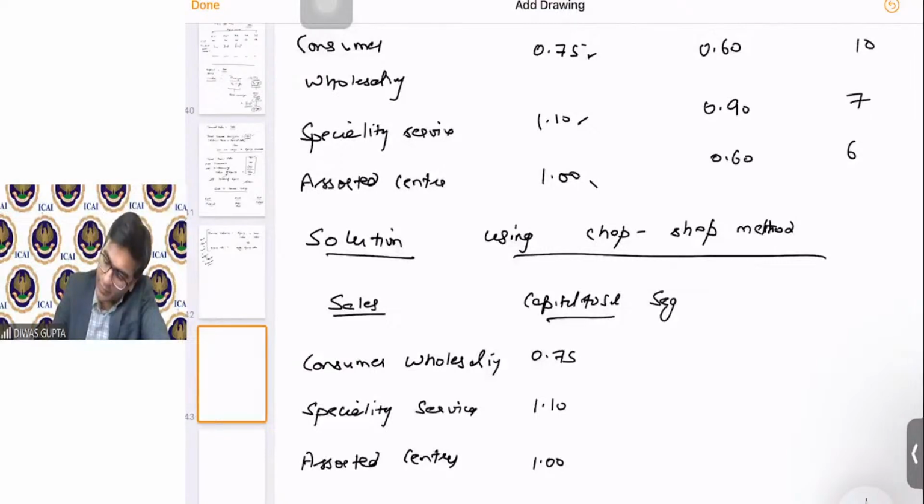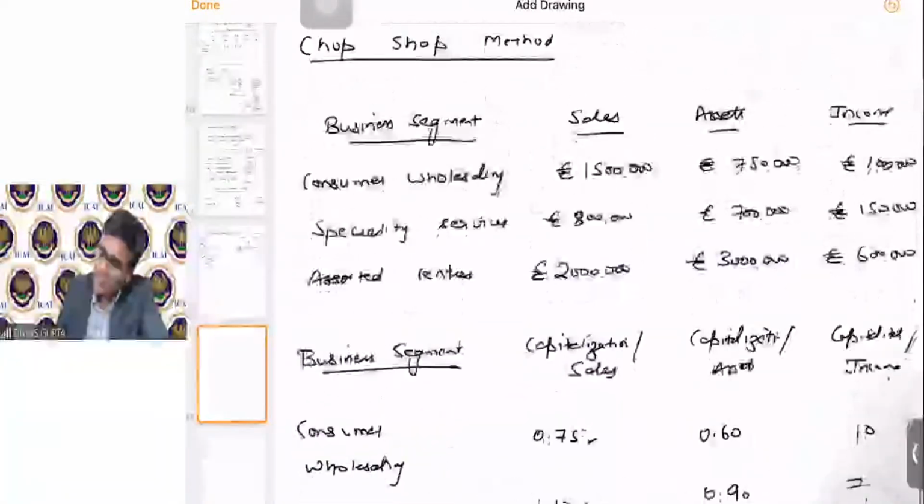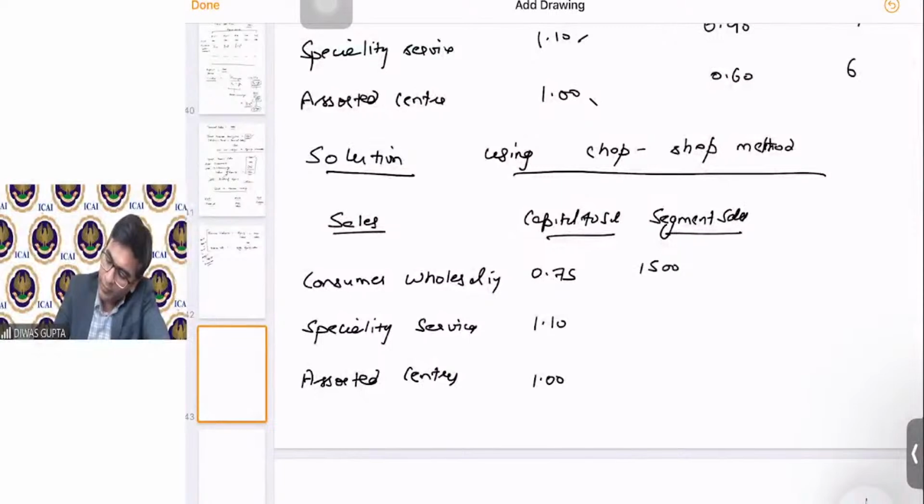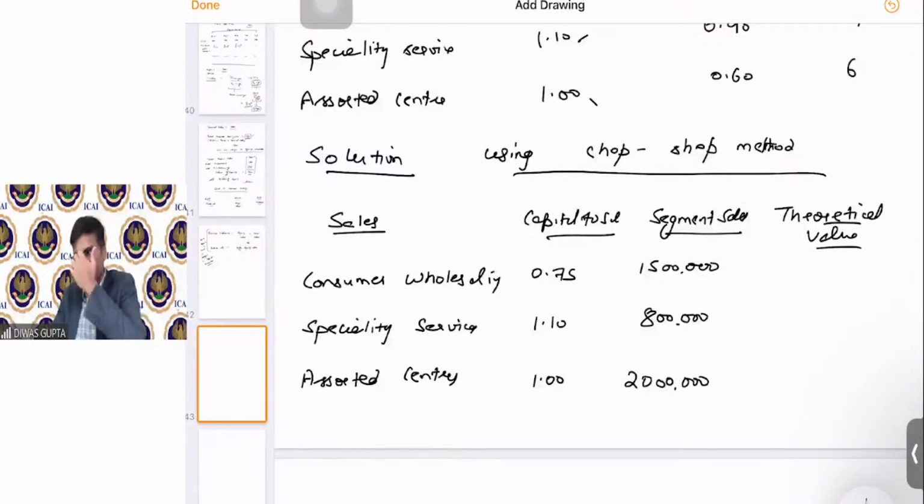Segment sales. How much sales has been reported? 15 lakh, 8 lakh, and 20 lakhs, right? Okay. Then the theoretical value becomes how much? Theoretical value, we have to multiply this into 15 lakh, right?